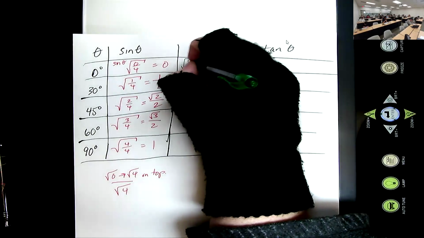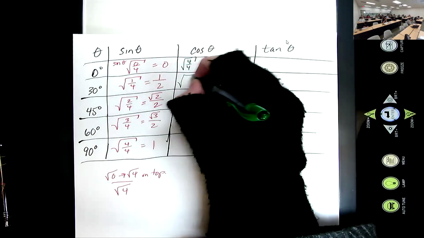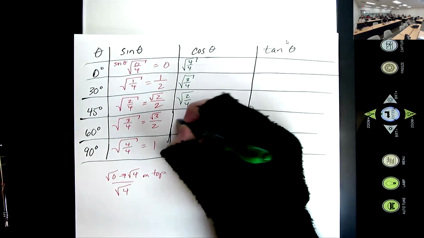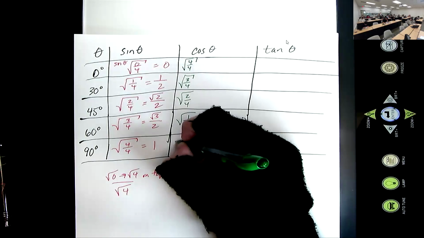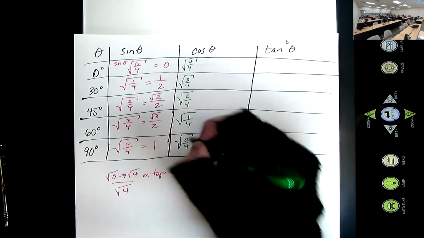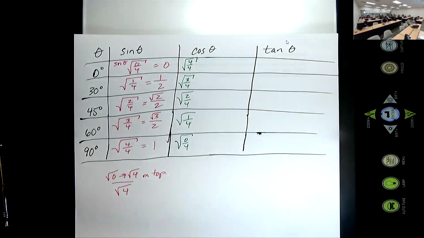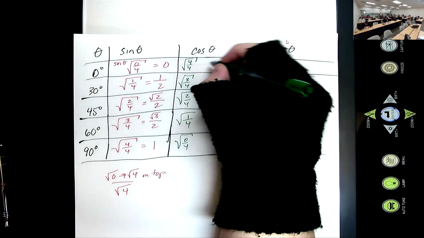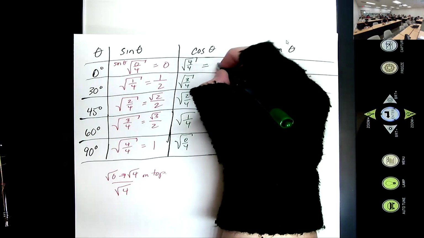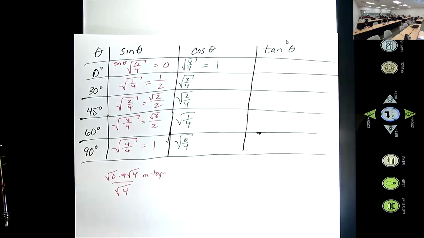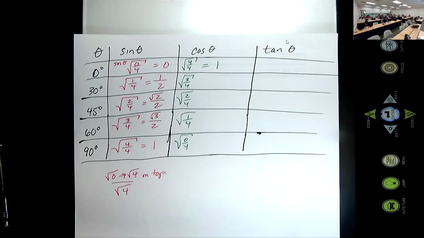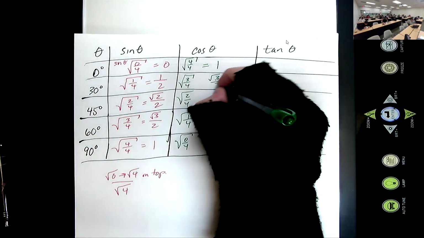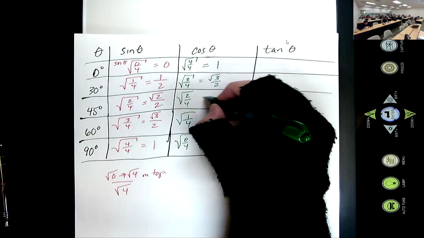Cosine starts at 4/4 and goes downward. So cosine of 0 degrees equals square root of 1, which is 1. And basically, it's the column on the left just flipped over.